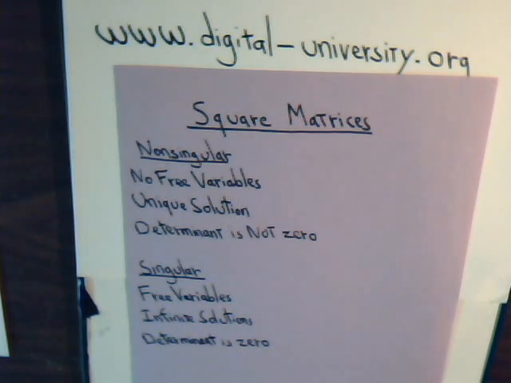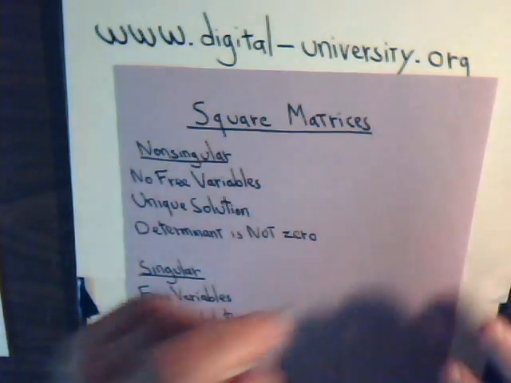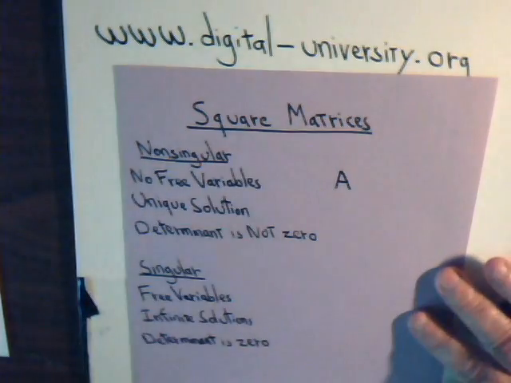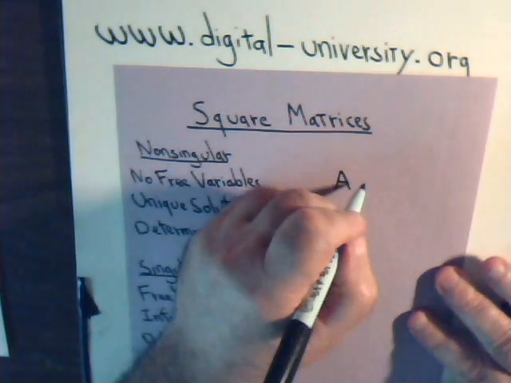Well, there's one other fundamental property that they have, and in fact it's the essence of a definition of a non-singular matrix, and that is that its inverse always exists. So if we have a matrix A and it's non-singular, then there will be another matrix that exists.